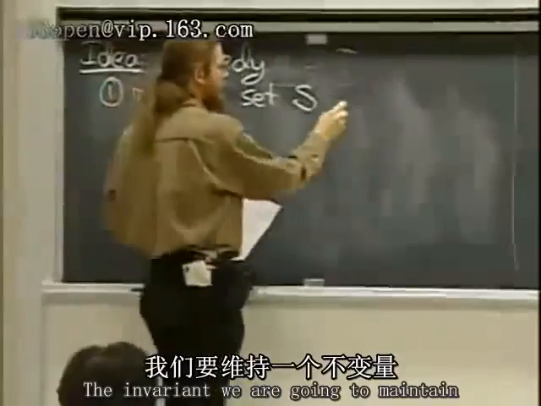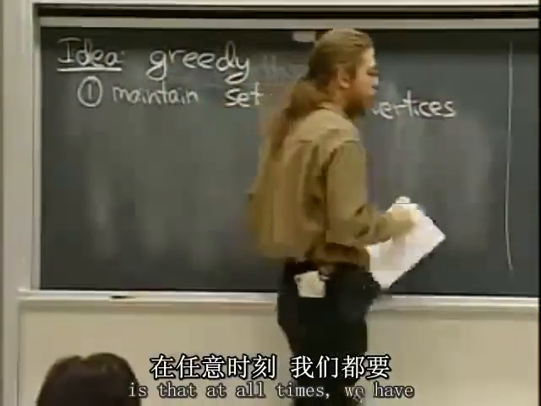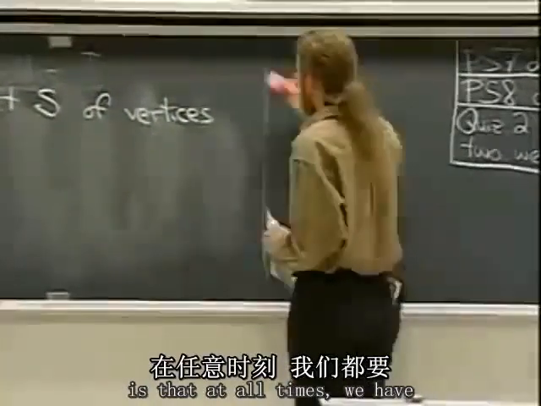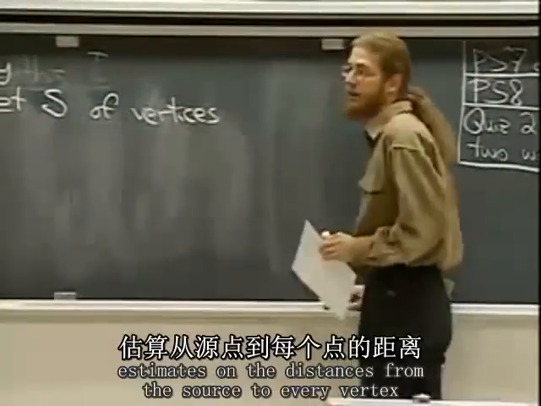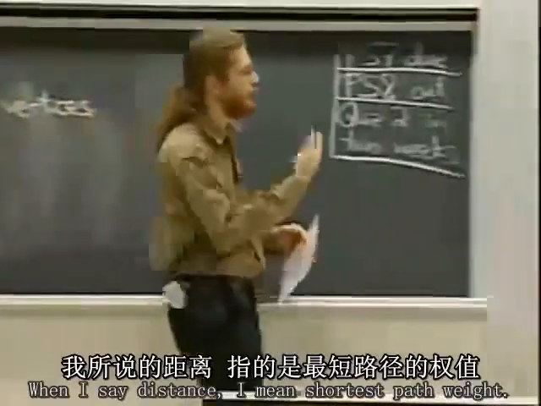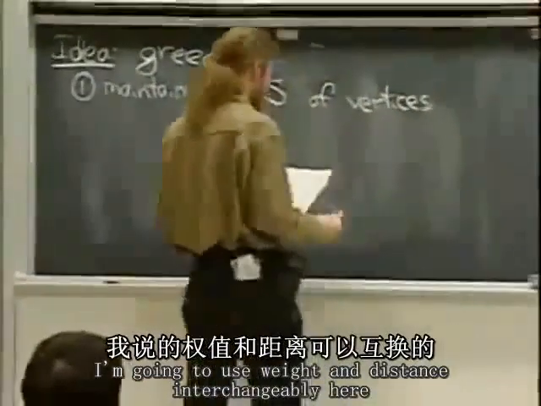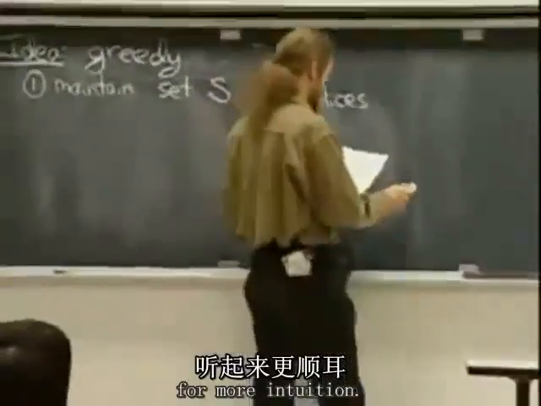The invariant we're going to maintain is that at all times we have estimates on the distances from the source to every vertex. When I say distance, I mean shortest path weight. I'm going to use weight and distance interchangeably here for more intuition.